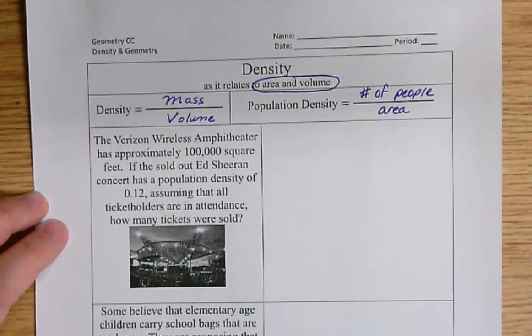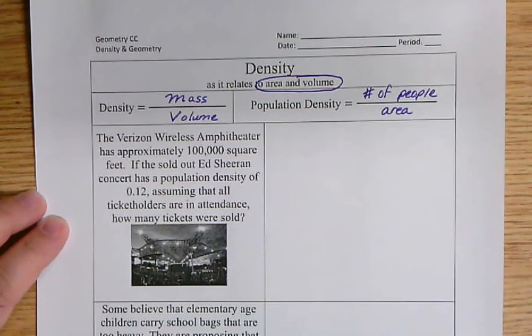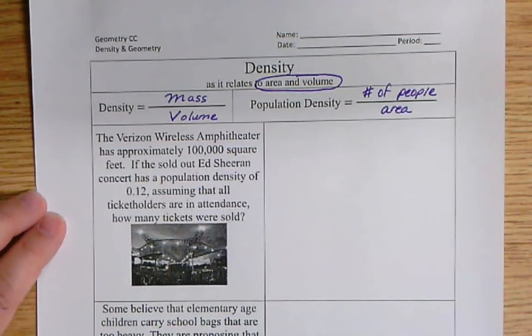So for instance, in a city, you would have a much higher population density than in the country. In the city, you might have, I don't know, 500 people living in 100 square yards. Well, that would be pretty tough. I don't want to give you a more specific example because I'm bobbling it here.